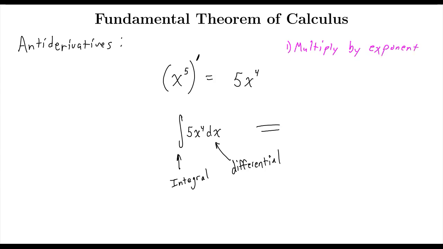I multiplied x to the fifth by the 5. The second thing I did was subtract 1 from the exponent. Those were the steps for the derivative.